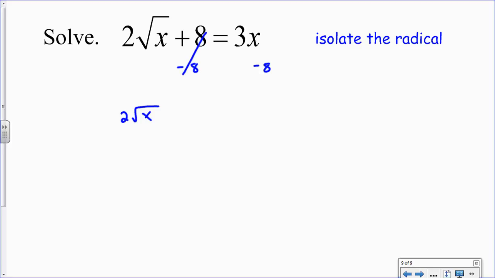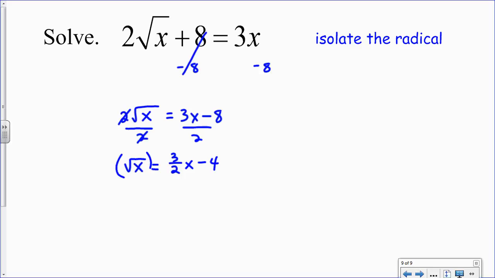It's not going to be very pretty this way either, but maybe you understand this better. Divide by 2. The reason it's not going to be pretty is because 3 isn't divisible by 2. So you get 3 halves x minus 4. Then square both sides.